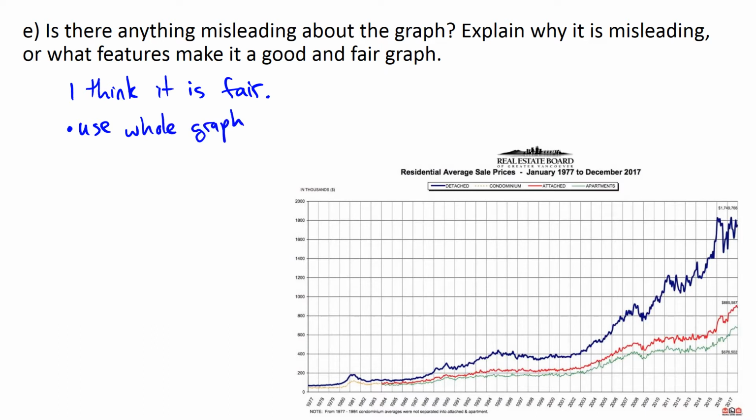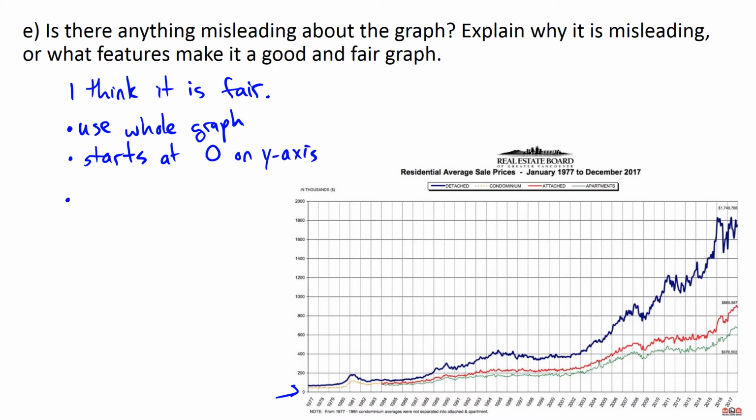So it doesn't shrink the y-axis or do anything weird with the y-axis values there. It starts at 0, which it doesn't have to, but I think it's appropriate since the values start quite low. So it starts at 0 and it's not trying to spread out a little change to make it look bigger. So it starts at 0 on the y-axis.